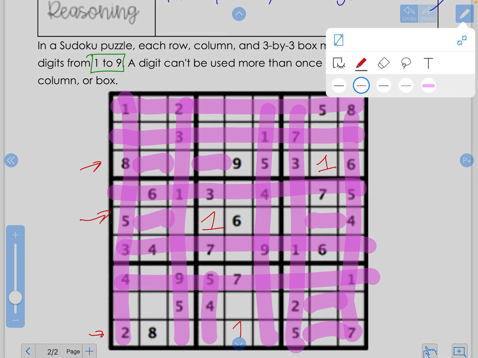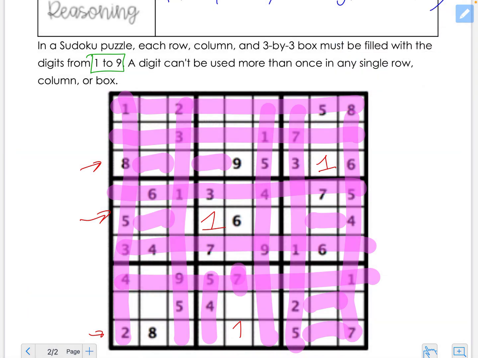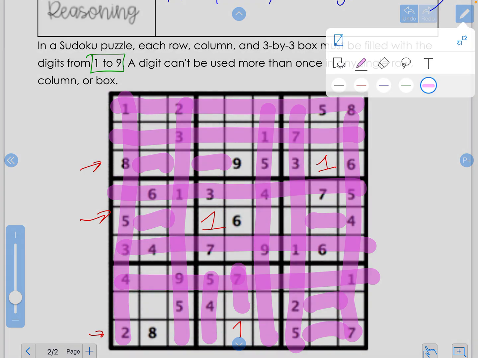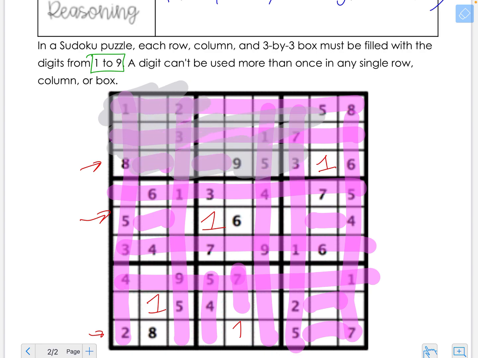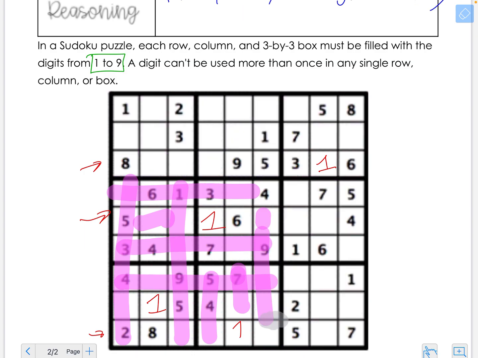Once I put that there, this spot here goes away, and I'm left with 1 last option. And so that is where my 1 goes. And so you do this so on and so forth until all of the spots are filled up and there are no empty boxes left.